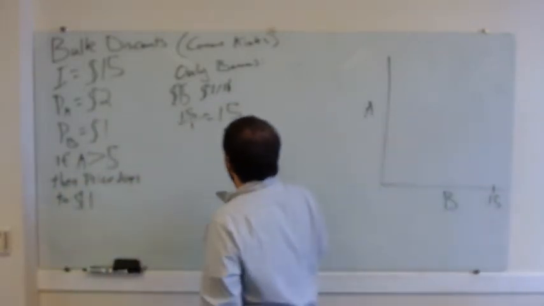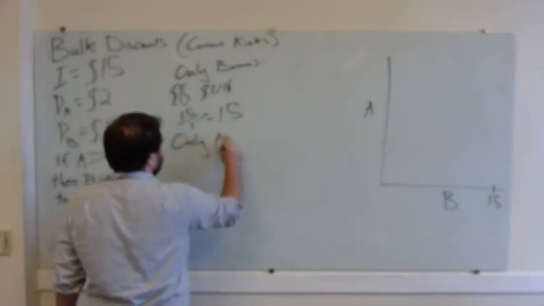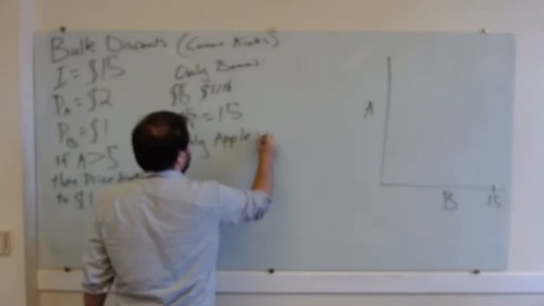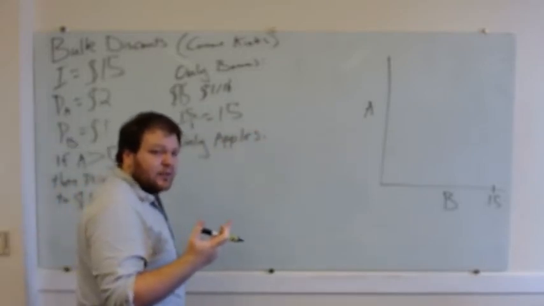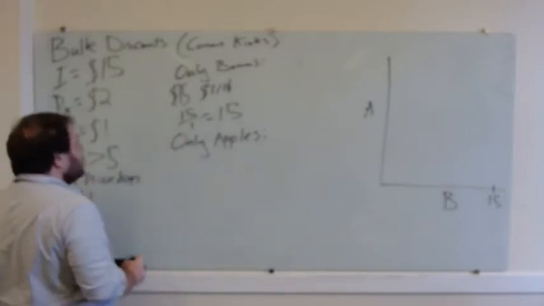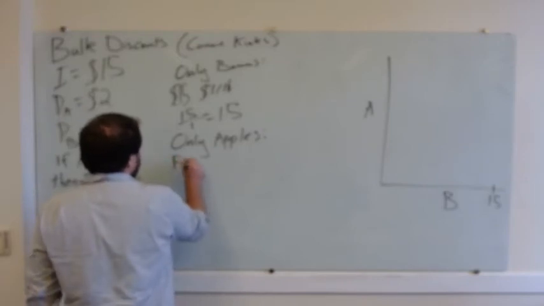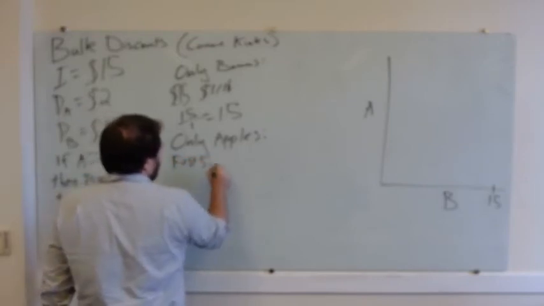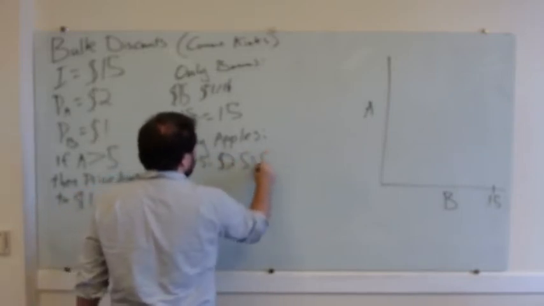Right, how many apples you can buy? Well, we can do the same thing we did for the convex kinks. So we can think about how many apples it takes to get you to the kink point, and then how many you can buy with the leftover money. So your first 5 are going to cost $2 each times 5 is $10.